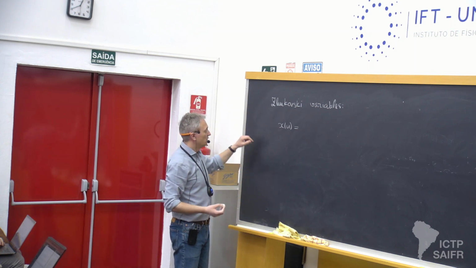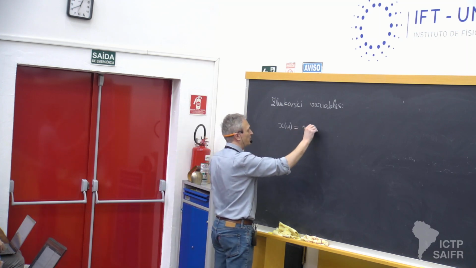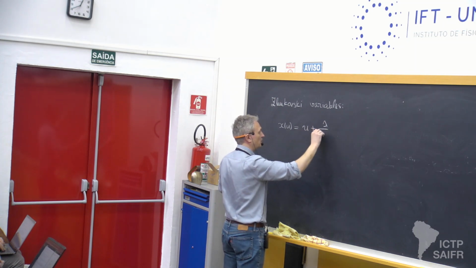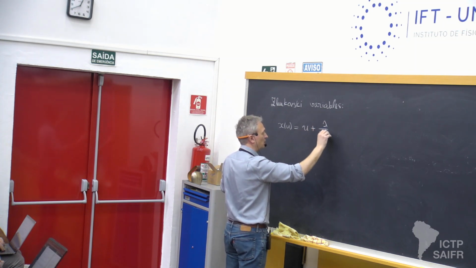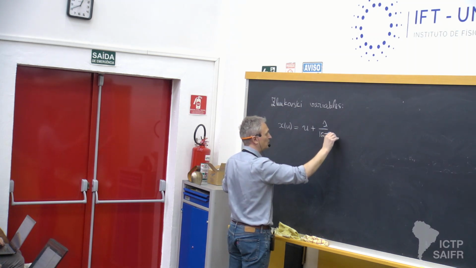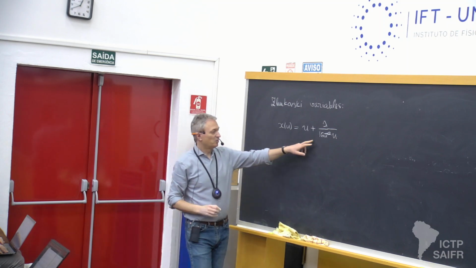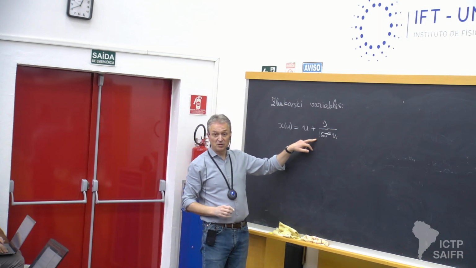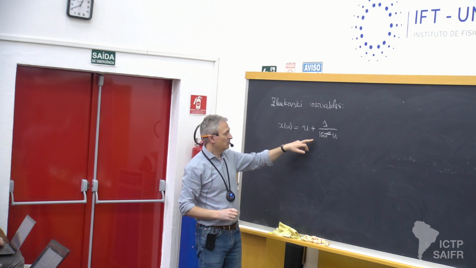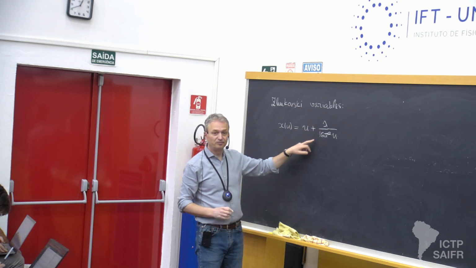But one can also map it to a variable called x, which is defined by this formula. So at weak coupling, when we set lambda to 0, there is no difference between x and u, but then you need to take into account quantum corrections, and they produce this term.